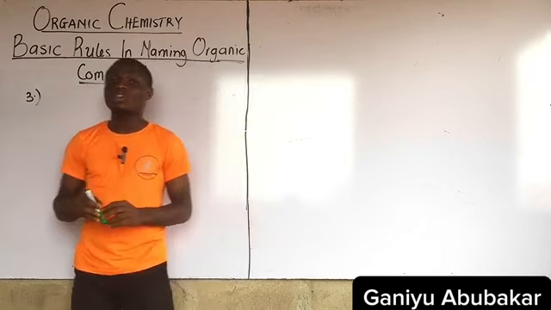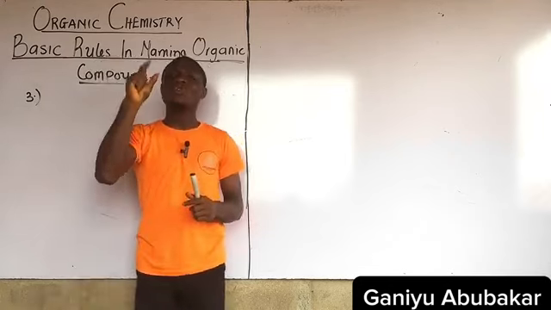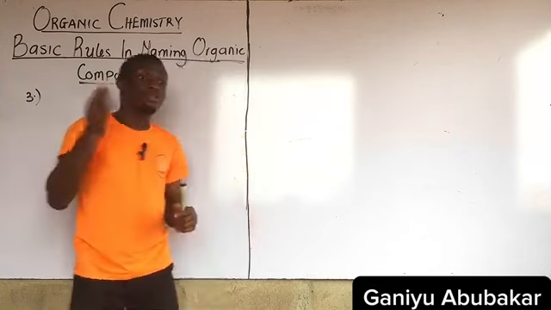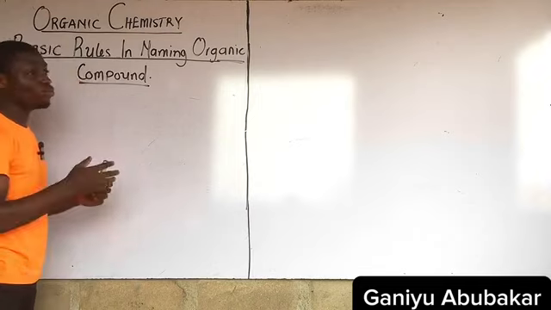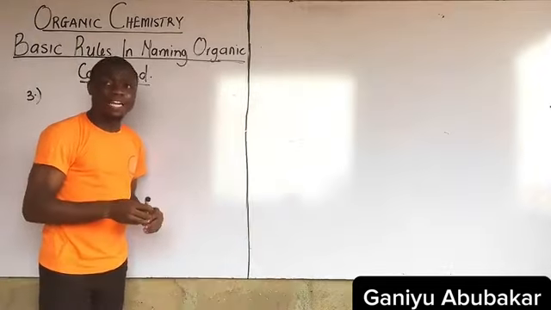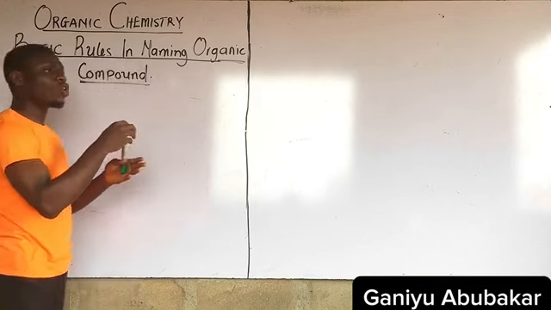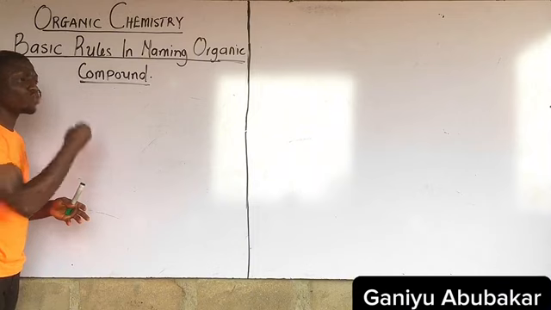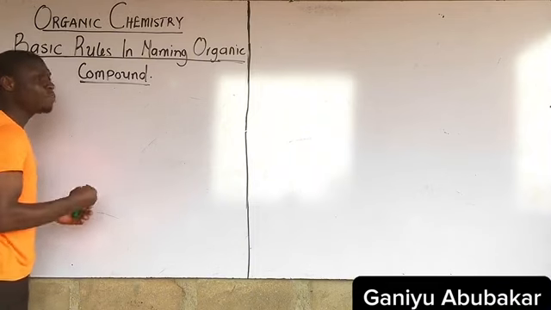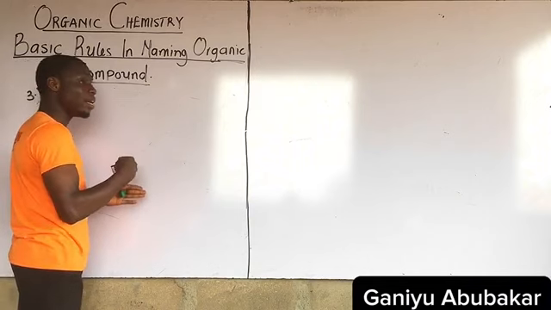So when it comes to rule 3, the idea is that you look for the least or lowest possible number for a substituent. Your task is to figure out the substituent in the organic compound and make sure that you give the substituent the least or lowest possible number.